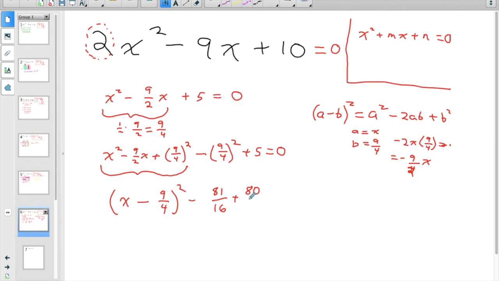Regardless, you should end up with 80/16, and this is going to equal 0. Now it's a case of trying to solve for x.